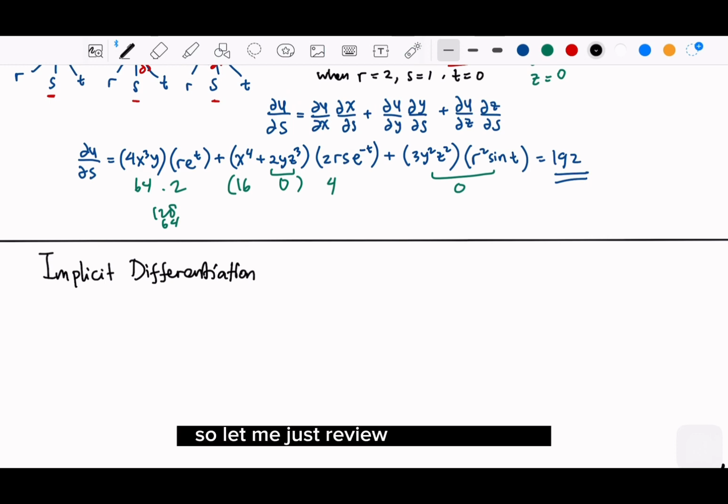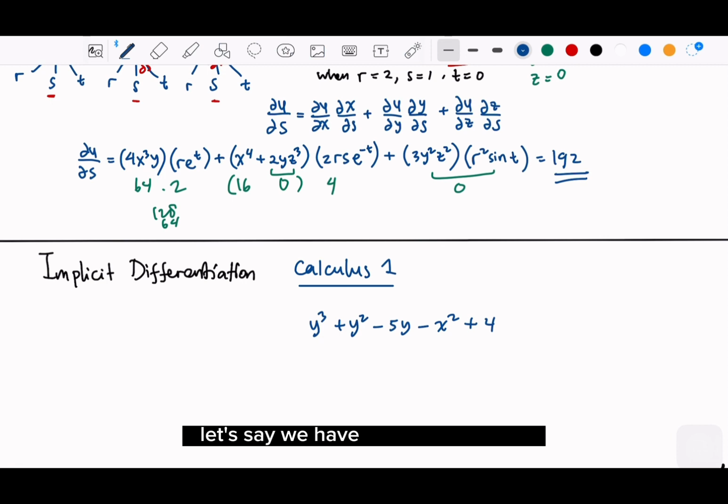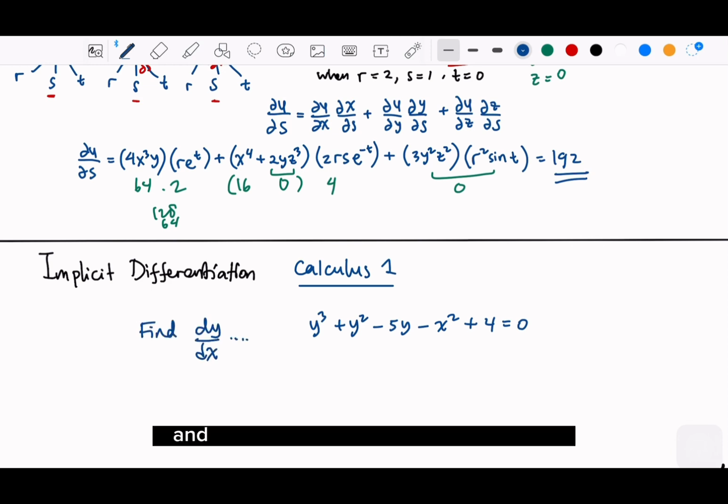So let me just review. Okay. In calculus 1, if we have this, and then usually we are going to find dy/dx, right? And this is supposed to be a function.